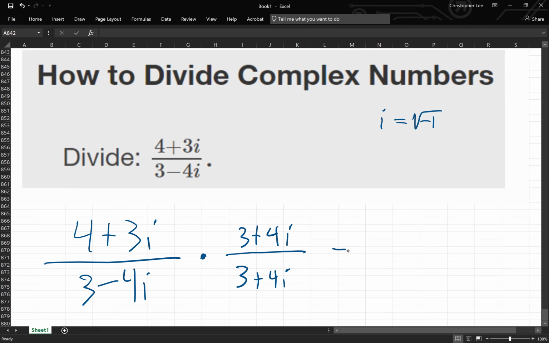And then just distribute it, and that's the end of it, right? 4 times 3, 12. 4 times 4i, plus 16i. 3i times 3, plus 9i. And then 3i times 4i, plus 12i squared.